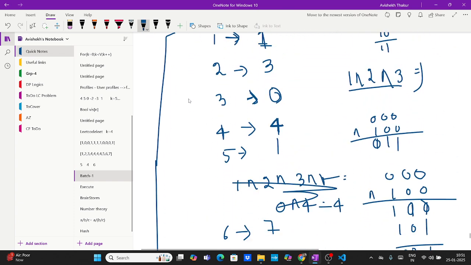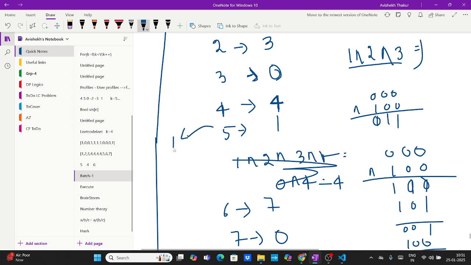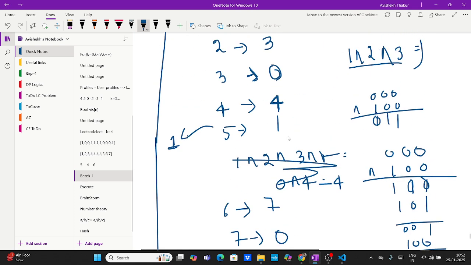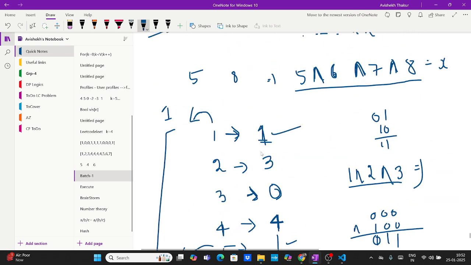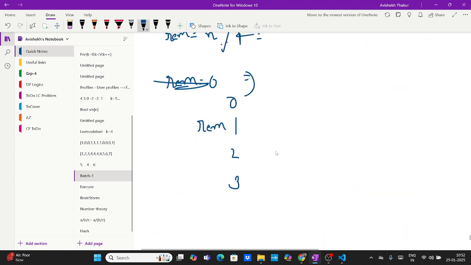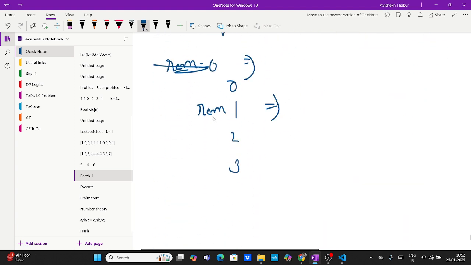So when this is 1, this is also 1, right? 5 modulo 4 is 1, correct? 9 modulo 4 is also 1. So can you see for all of them the answer is 1. So if you do the remainder with 4, and the value turns out to be 1, the answer will always be 1.